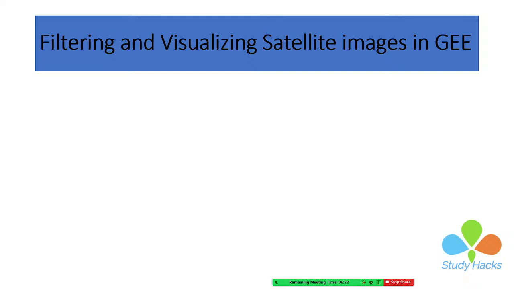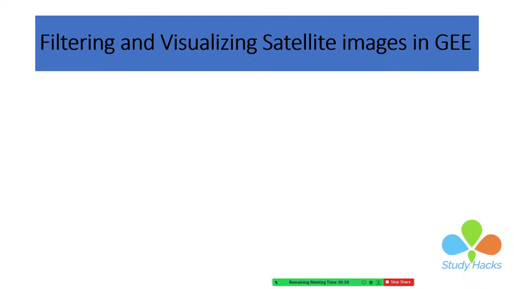When you want to filter satellite images in the Google Earth Engine platform, we need to filter these images by some factors. Suppose I need Landsat satellite imagery for my specific region of interest. So region is one factor.